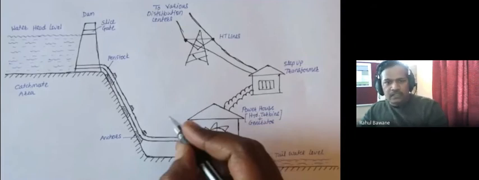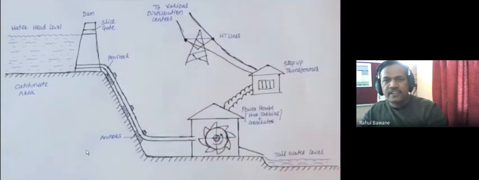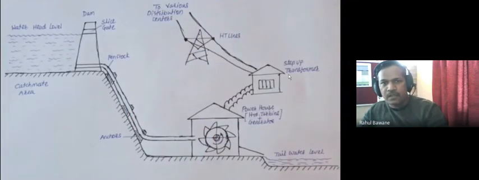So I think you are clear with how a hydraulic power plant is used to generate electric power and how it is supplied. Let me revise again in 2 minutes. We store water at a very high elevation, so water has potential energy.